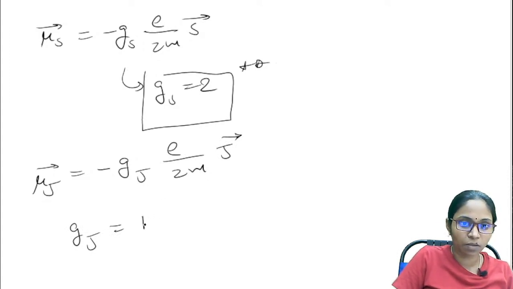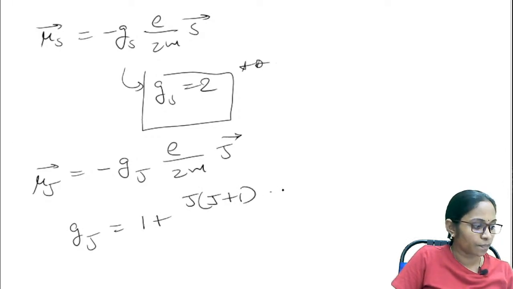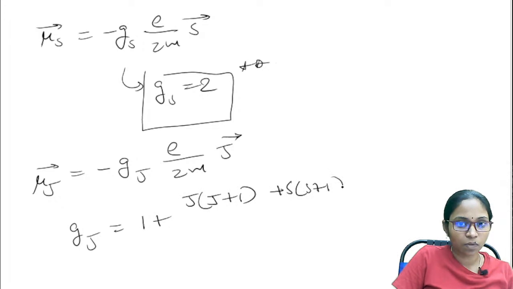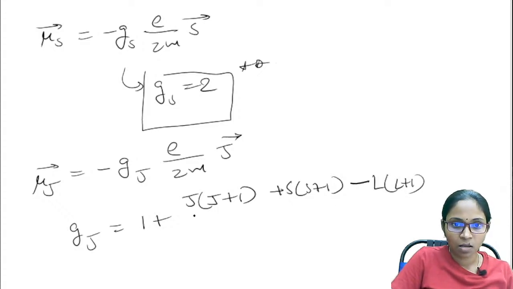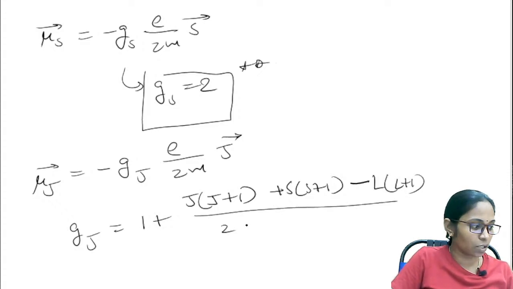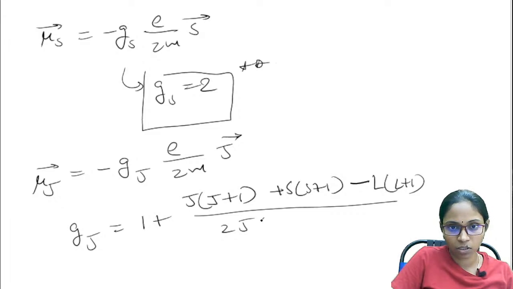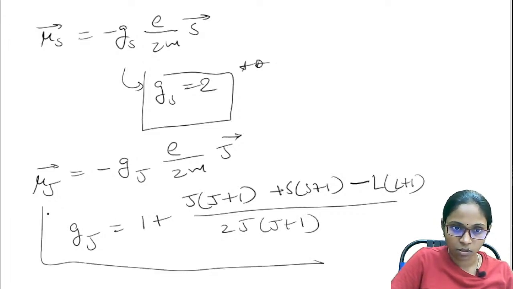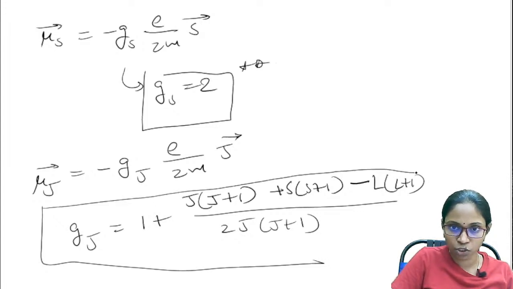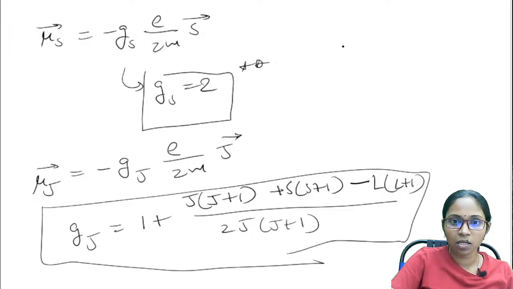1 plus J into J plus 1, plus S into S plus 1, minus L into L plus 1, by 2 times J into J plus 1. These G S, G J, G L are Landé g factors.